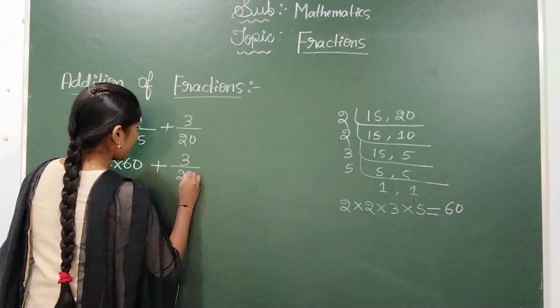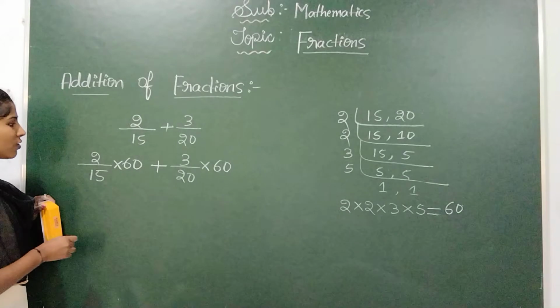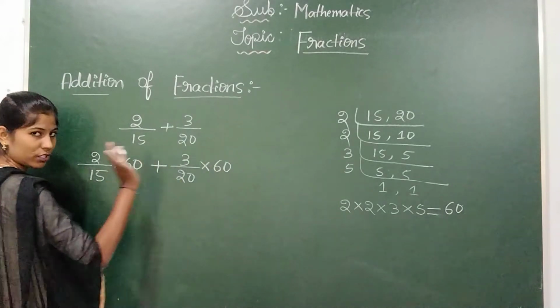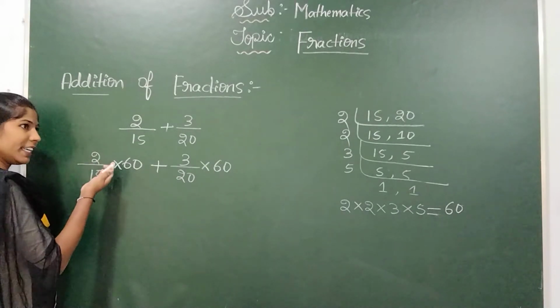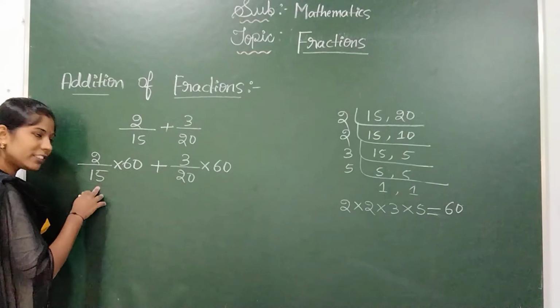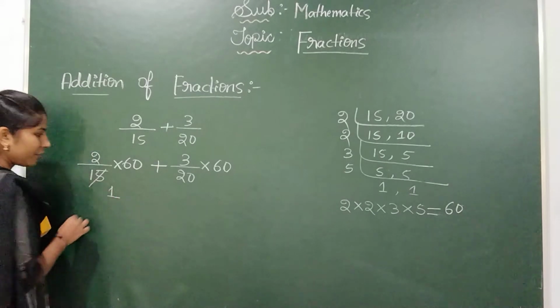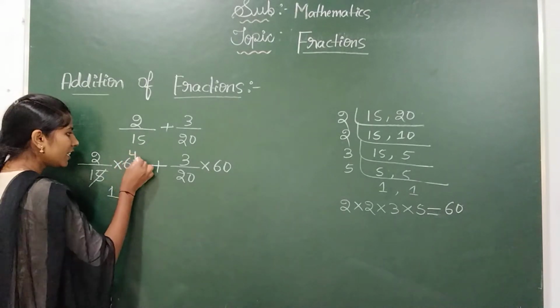It helps us simplify very easily. 60 is in the numerator, and 15 is the denominator; the denominator can divide the numerator. 15 into 4 is 60.